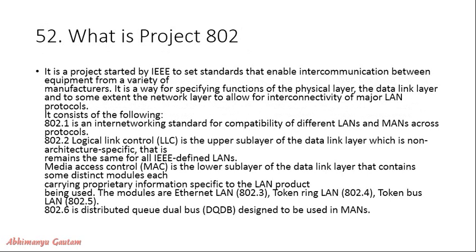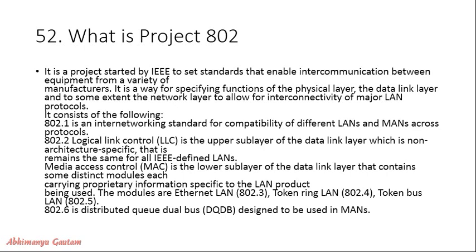What is Project 802? It is a project started by IEEE to set standards that enable intercommunication between equipment from a variety of manufacturers. It is a way of specifying functions of the physical layer, the data link layer, and to some extent the network layer, to allow interconnectivity of major LAN protocols.